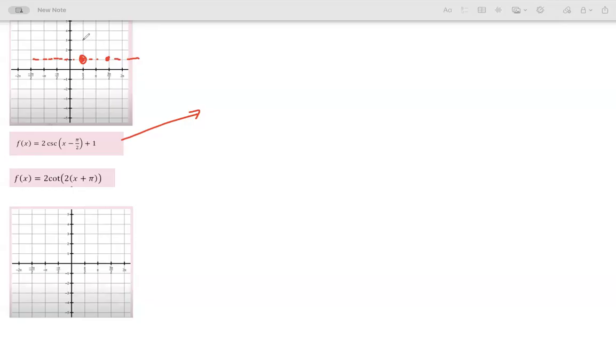So the amplitude is 2, so it goes till 3. It gets shifted by pi by 2 to the right. So the sine graph becomes like this.